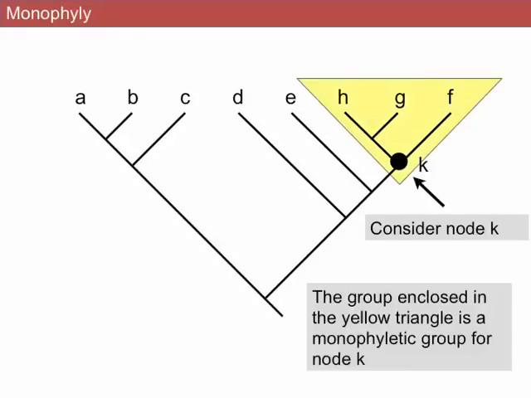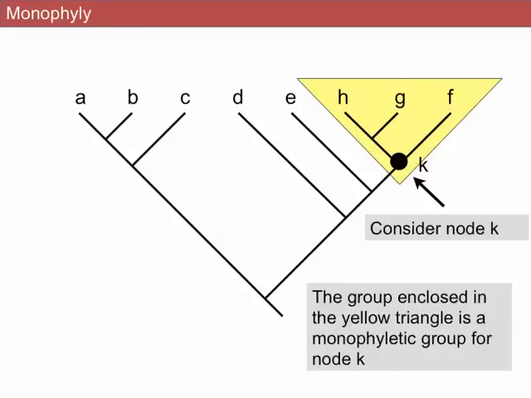The monophyletic group that I have labeled there in yellow is the one that includes that node K. So it's node K and all of the descendants of node K and nothing else. That is a monophyletic group. So in the HIV-SIV example, the two HIV strains are not a monophyletic group with each other. And I'll come back to that in a minute.